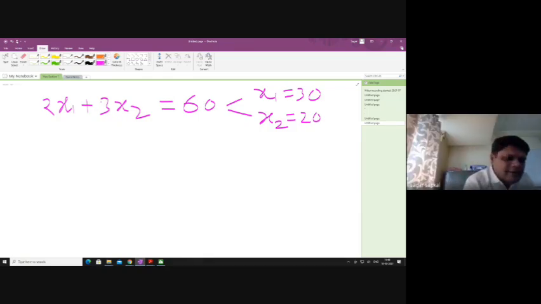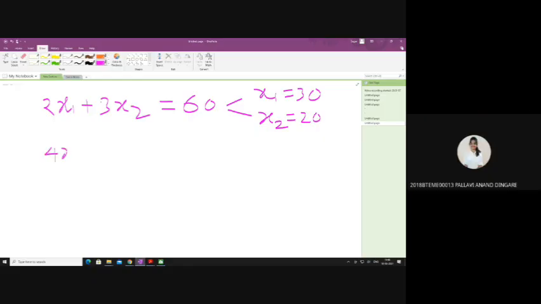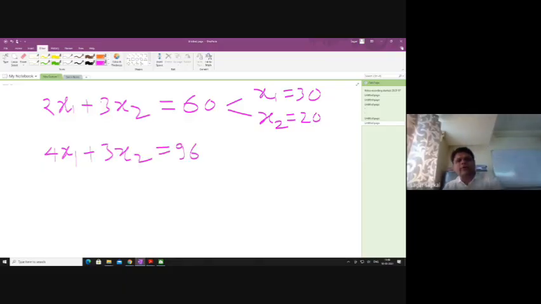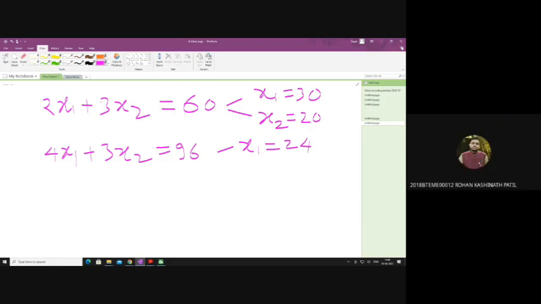Okay. Similarly, what is the next constraint? 4x1 plus 3x2 equal to 96. Okay, this we have converted into an equation. Now here also put x2 equal to 0. Then what will be the value of x1? Is it 24? Yes, sir.